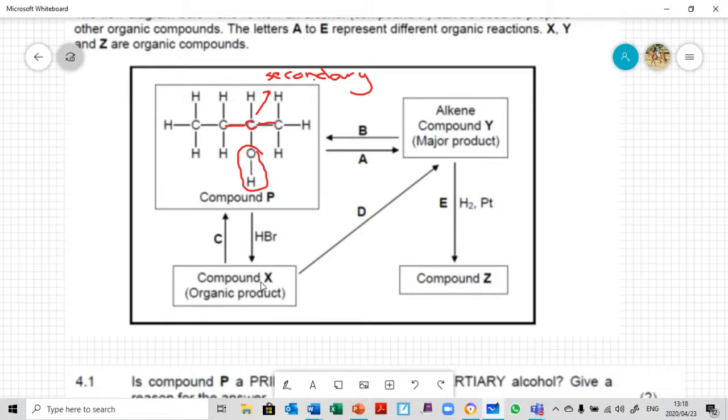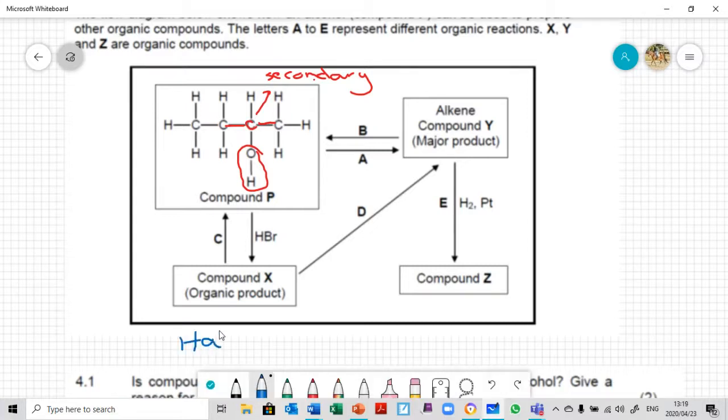And so I can, from that, figure out that compound X is going to be some or other haloalkane. This Br here is going to replace that OH, this H and that OH is going to form water, and the Br is going to replace that. So we're going to have an alkane with a halogen, so it is a haloalkane.